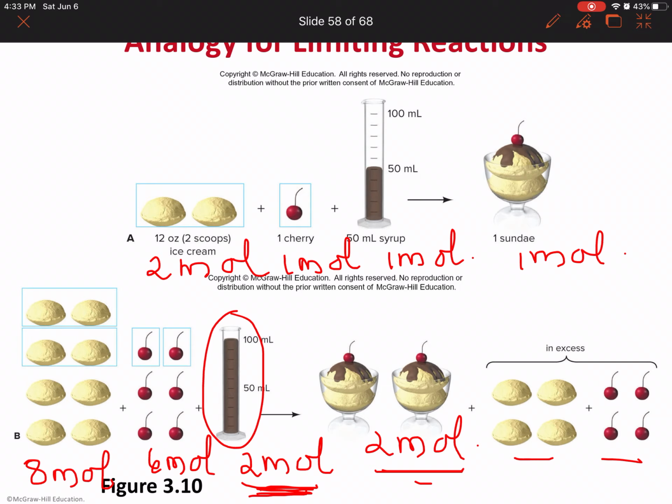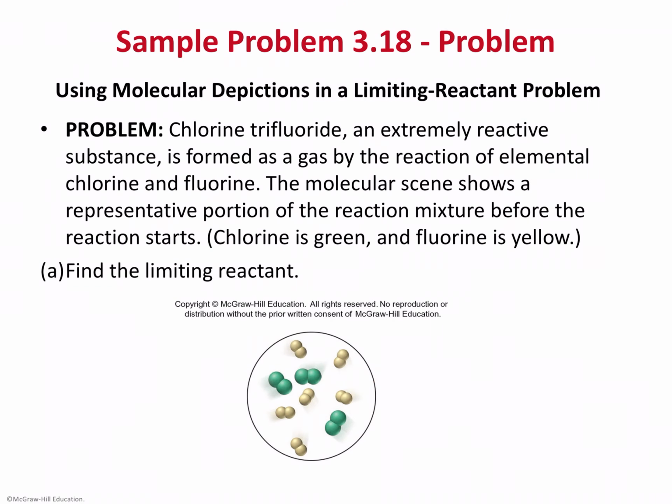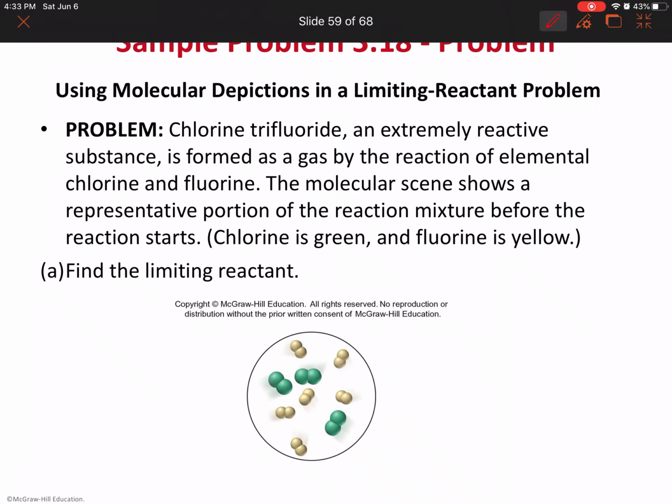Okay, perfect. Next, chlorine trifluoride, an extremely reactive substance, formed as a gas by the reaction of elemental chlorine, meaning elemental chlorine is Cl2, and fluorine, F2.